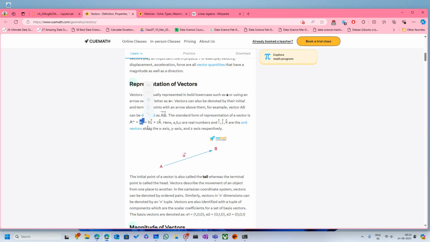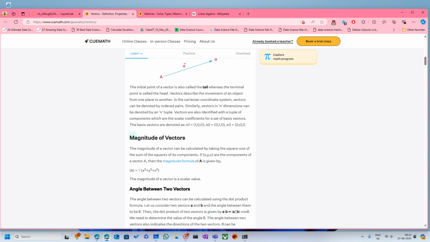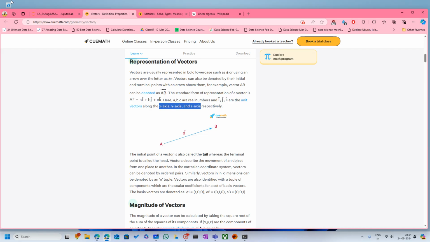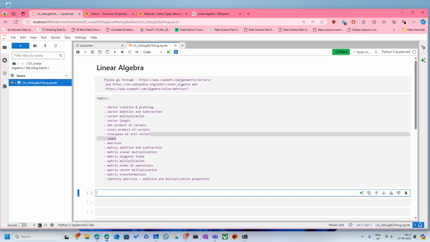Here mathematically for this vector they have represented it in the form of ijk, which means a three-dimensional vector. Again they are saying ijk are unit vectors themselves. They are represented in three different axes, and it's a three-dimensional vector. So this we will see, one by one.